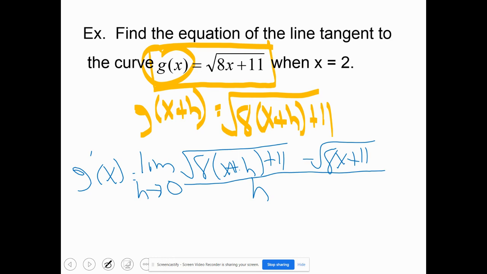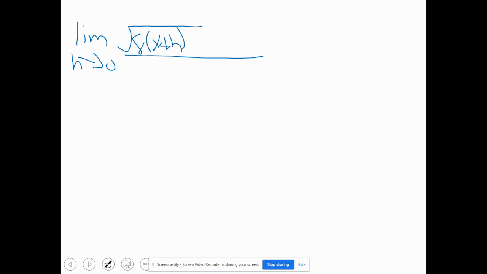And now you, of course, would have to multiply by the conjugate. Let's clean that up a little. That was x plus h. All right, in order to evaluate, so I'm going to move to the next page. The limit as h approaches 0 of the square root of 8 times x plus h plus 11 minus the square root of 8x plus 11 over h.